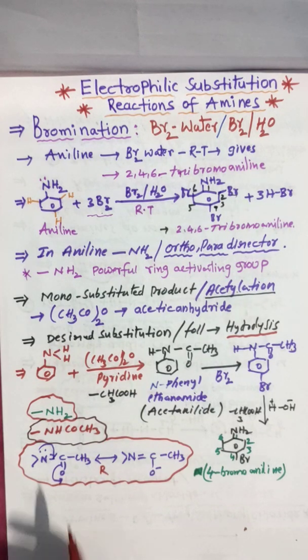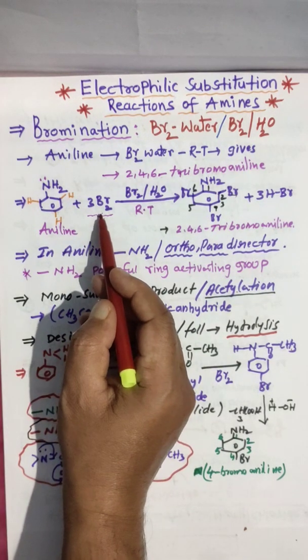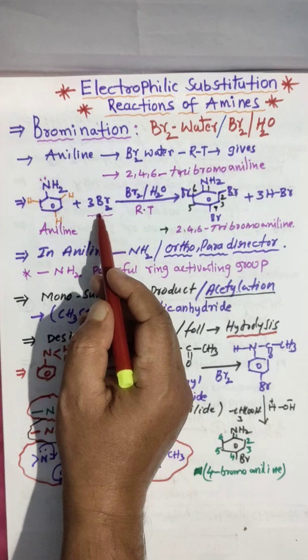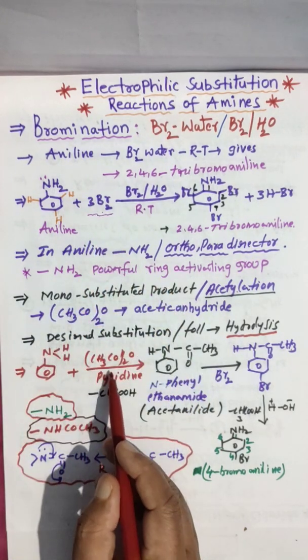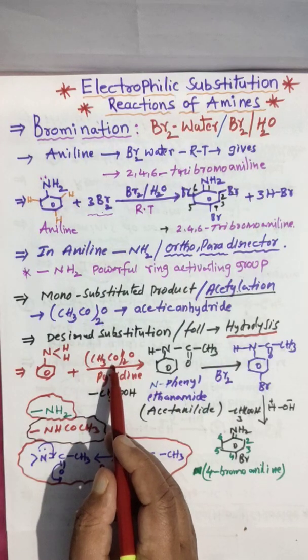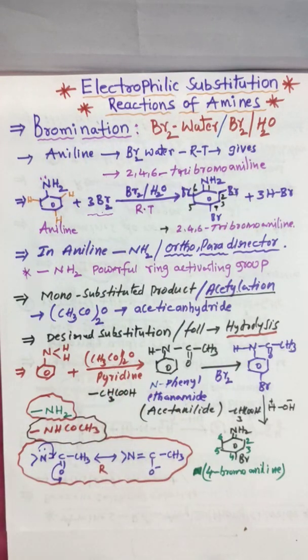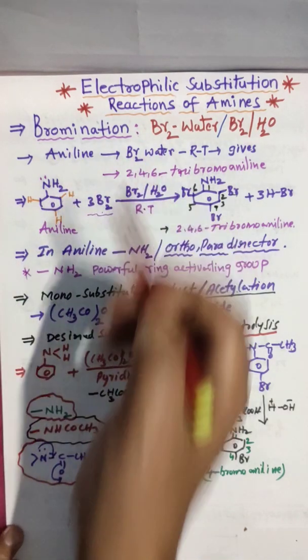Here the electrophile is bromine. Bromine acts as an electrophile. Clear? So for electrophilic substitution reactions of amines, we have bromination, nitration likewise, and today we learned about bromination.